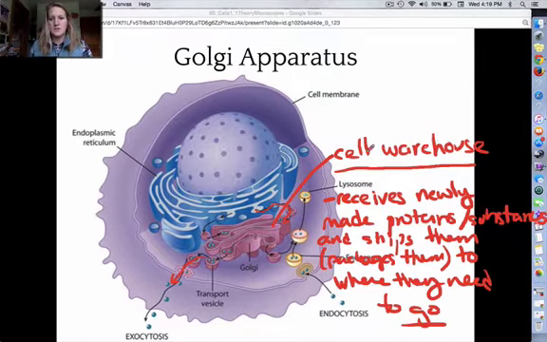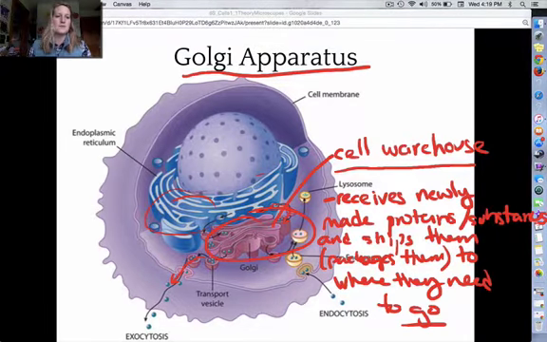Okay, so that's what the Golgi apparatus does. Golgi apparatus, not to be confused though with the endoplasmic reticulum.